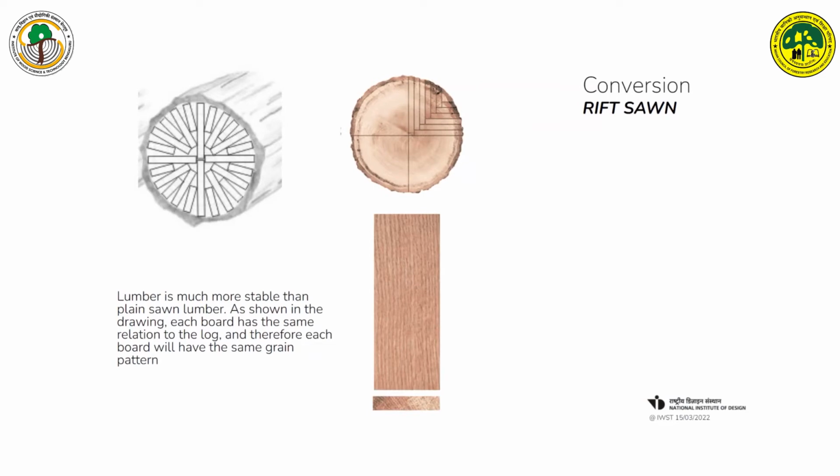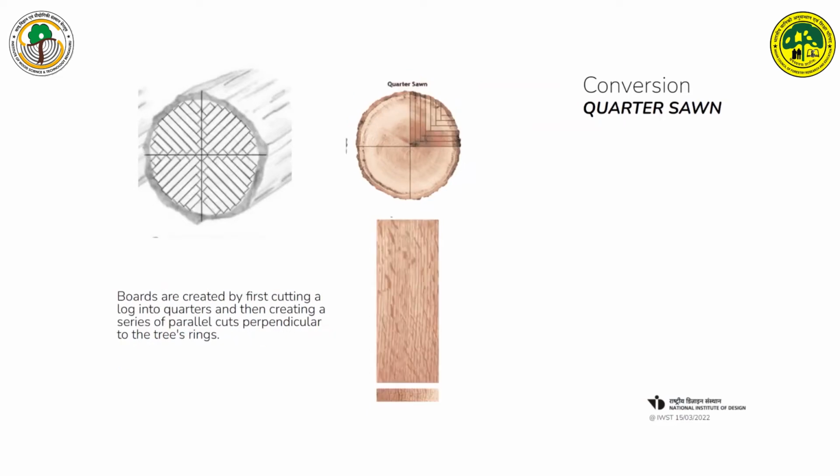Otherwise, it will become a cacophony of textures and colors across a space. So in that case, rift sawing actually helps, and it's a technique that is mostly applied to softer timber, which is used for frame making, not for smaller, harder, structurally challenging compositions, but for simple A frames or rectangular frames or space frames, basically. And the last here, you can skip this slide actually.